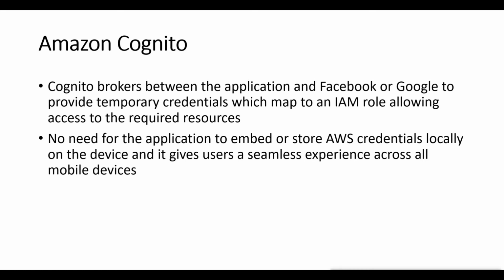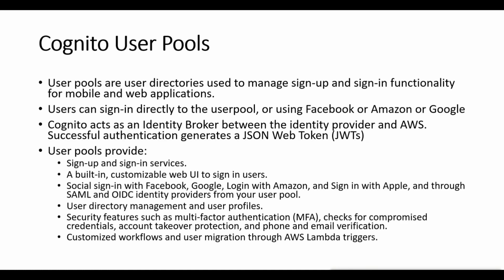In exam, you will be tested on difference between Cognito user pools and identity pools. User pools are just for users. User pools are basically user directories used to manage sign up and sign in functionality for web applications. Users can sign in directly to the user pool.